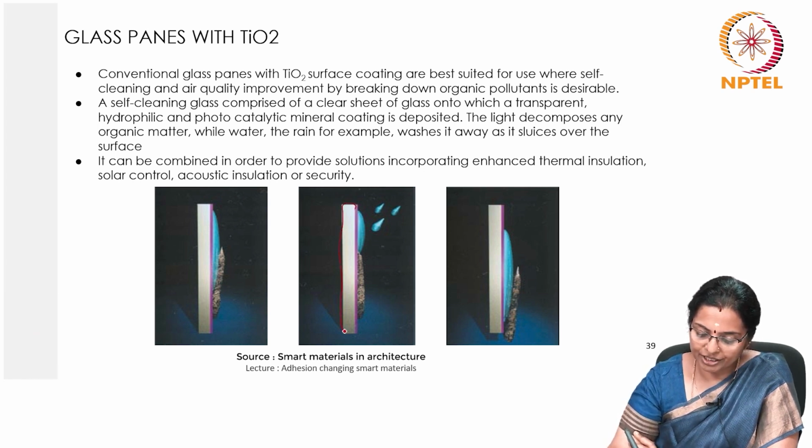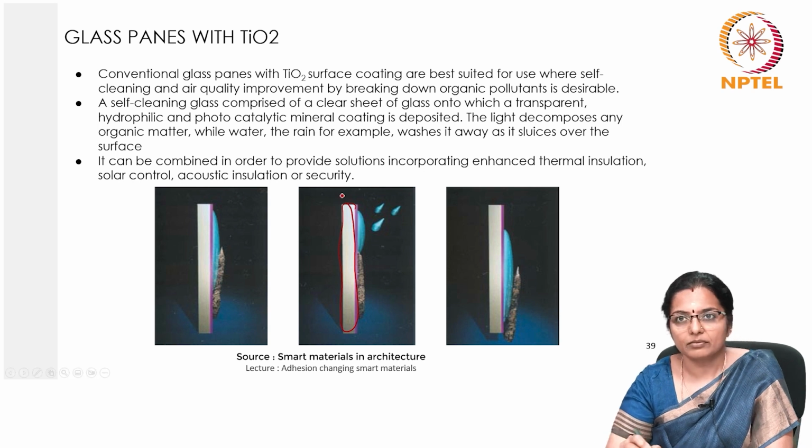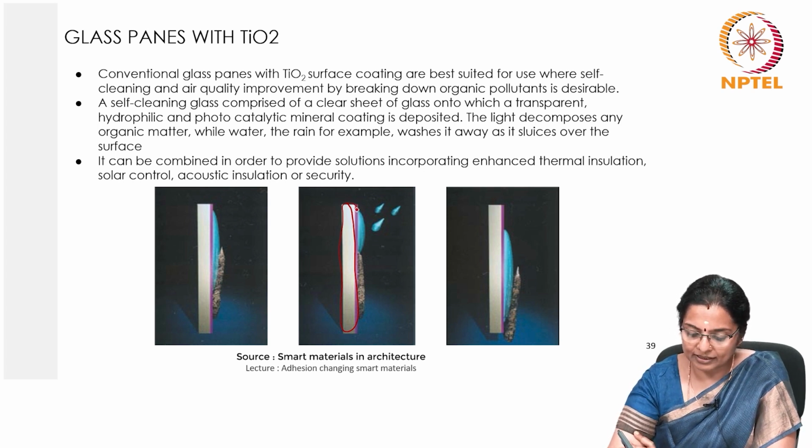So, the self-cleaning glass comprises a clean sheet of glass onto which a transparent hydrophilic and photocatalytic mineral coating is deposited. So, this is the mineral coating.